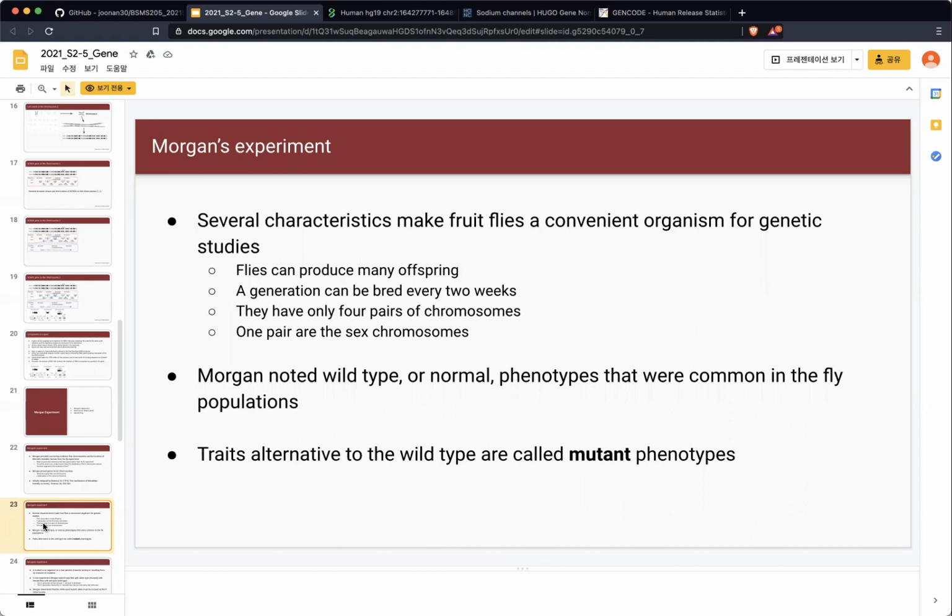So we had to use an efficient system to produce lots of generations, where you can measure phenotype and genotype in a quantitative way, and also use a system whose genetic background we know.